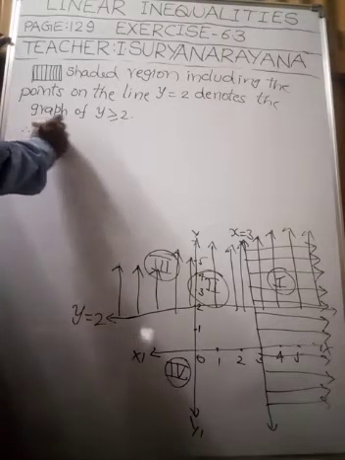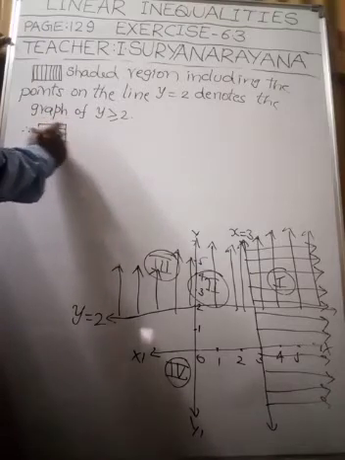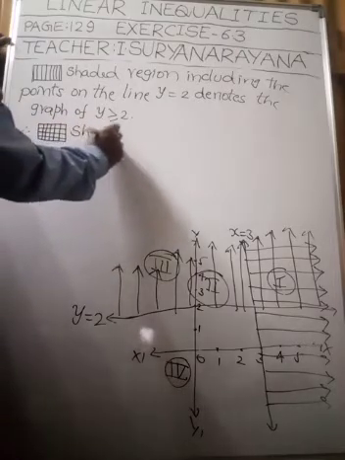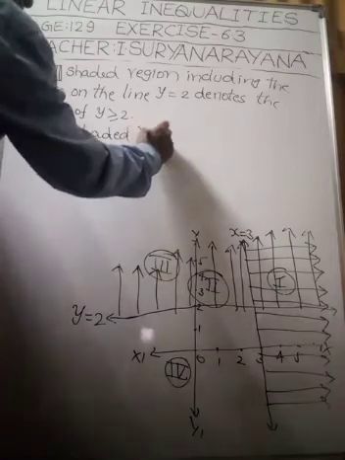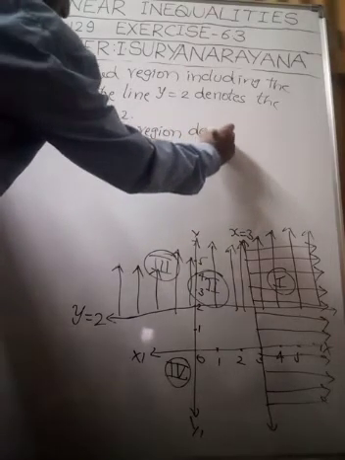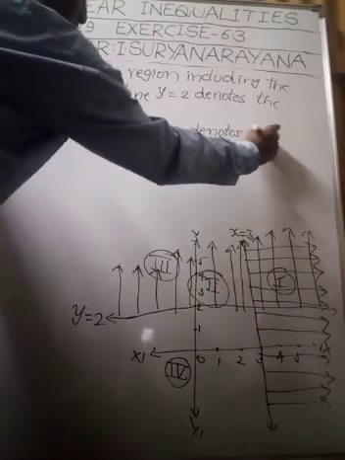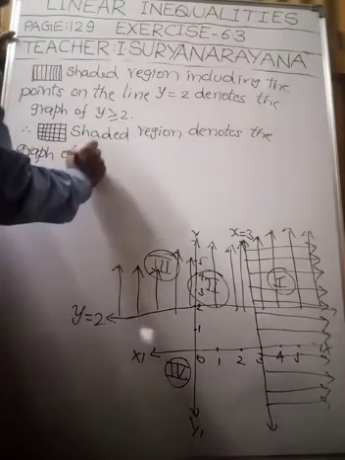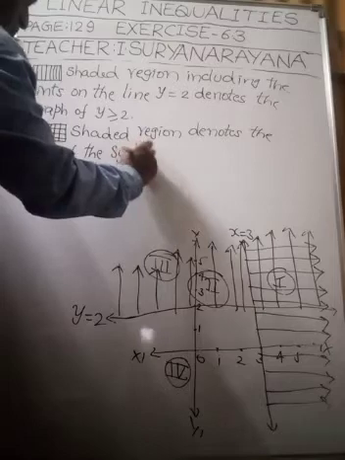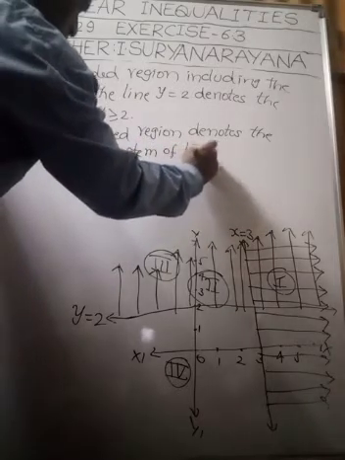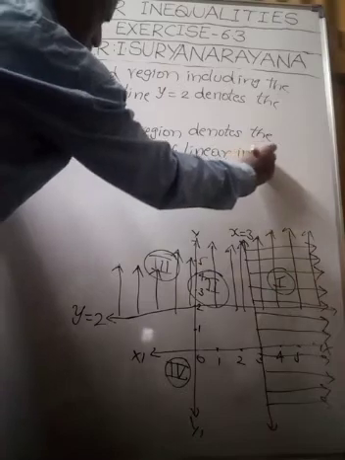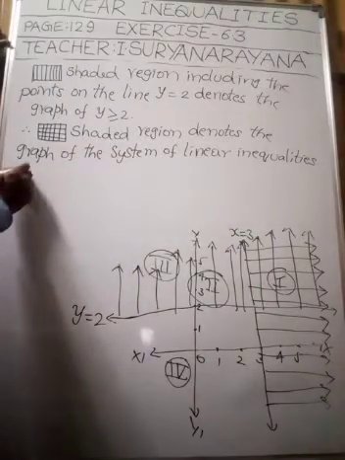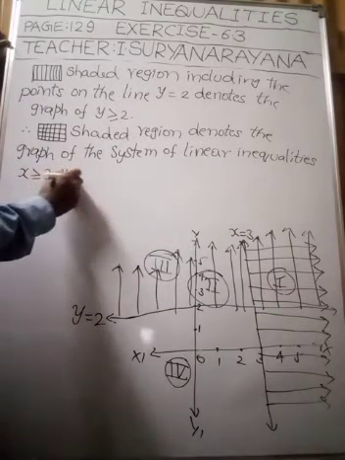Therefore, the system of linear inequalities x greater than or equal to 3, y greater than or equal to 2.